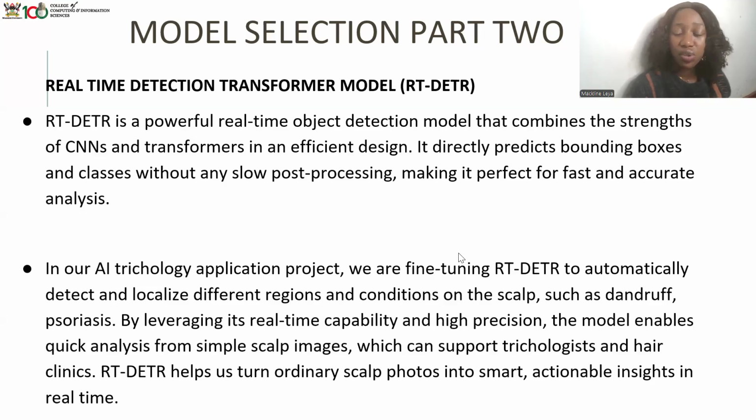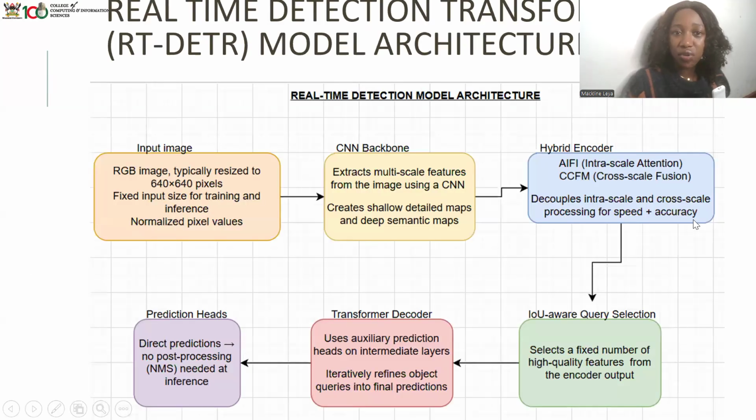In our application, we had to fine tune our real-time detection model so that we could detect and localize the different regions and conditions on the scalp. Looking at our next part, the real-time detection transformer has this model architecture whereby the first layer is the input image, where the image of the scalp is fed into the model.